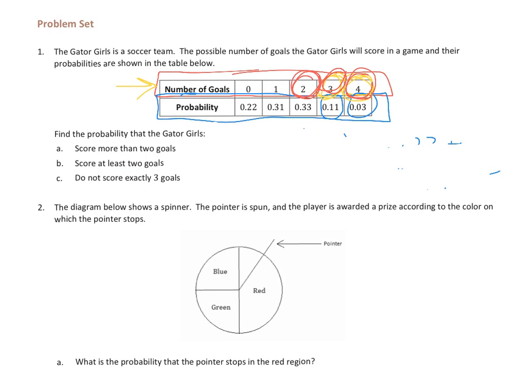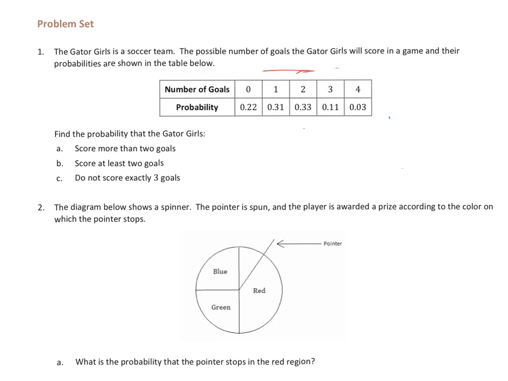Our last question asks us to find the probability that the Gator Girls do not score exactly 3 goals. So this question again asks us to think very carefully about the language. So there's 2 things in here that are important. The first one is do not score. So whatever comes next, it's the thing that we don't want.